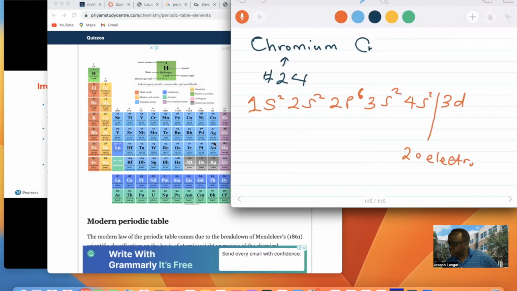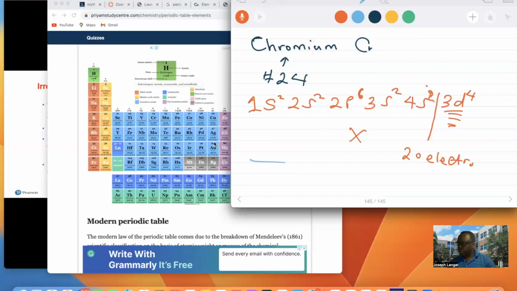So how many do we need here to make 24? We need 4, 3d4. Somebody might think that this is how it should look. No, this is wrong.